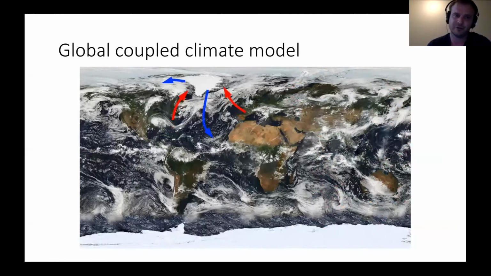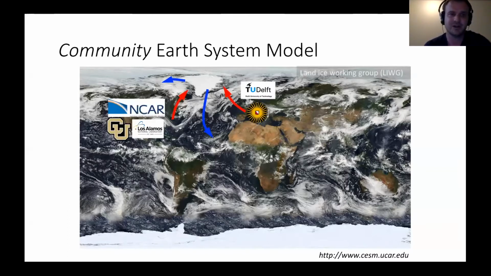In contrast, if you couple a climate model in all different respects, you can let part of the climate system, such as the Greenland ice sheet, interact with the rest of the global climate system. And this is what is done in the Community Earth System Model, where I'm also a part of.